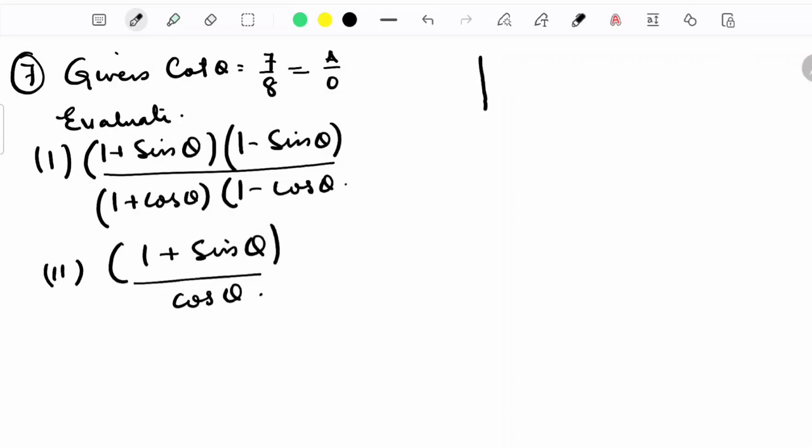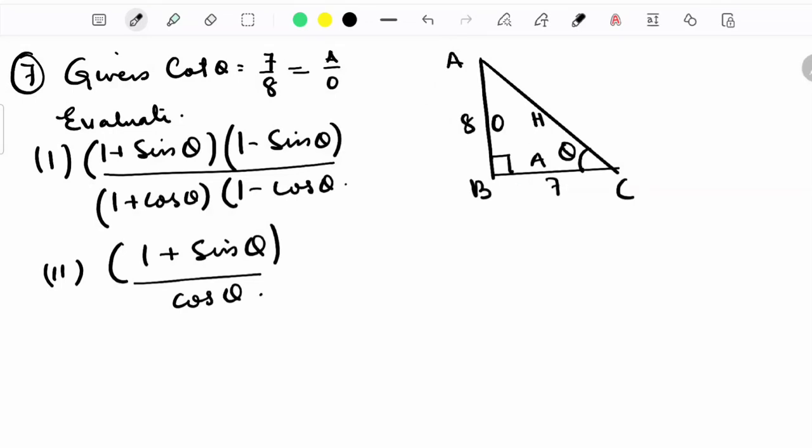So if I am taking this as my right angle triangle A, B and C, and I am taking my angle theta at C, so this will be opposite, this will be adjacent, and right angle at B, so this will be hypotenuse. So first we have adjacent, that is 7, and this is 8.